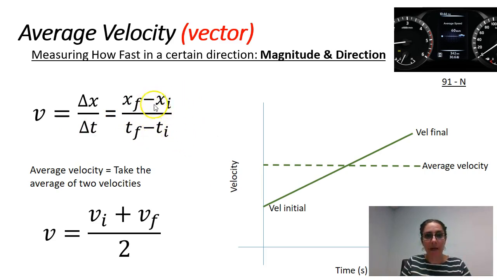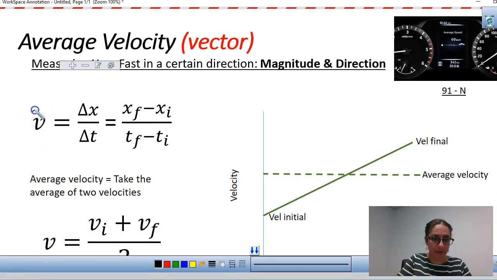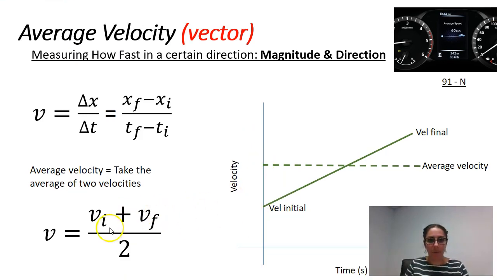Just like I explained in class, Xi and Ti are usually 0. Officially I like to put this here, but it's just going to be Xf over Tf generally. This is the average velocity, so officially, and let me be really official here, there should be a line right there to show average velocity. But that's okay, I'll just take that out for a moment.